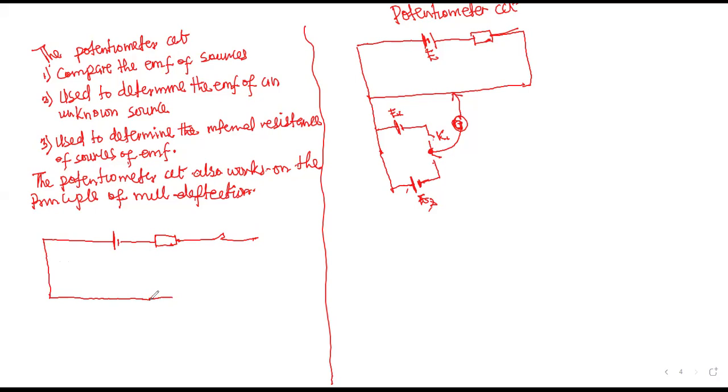This is the length of the wire. We often use 100 centimeter length of the wire. A source of EMF. This is a resistor. This is a key. So A, B are the ends of the constant wire.